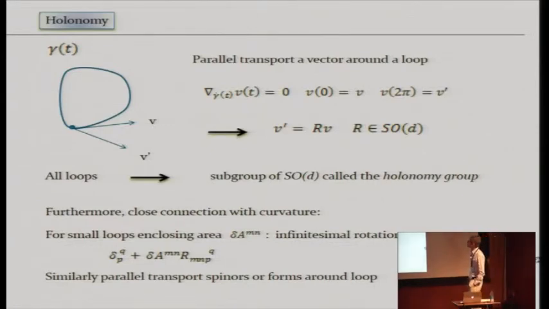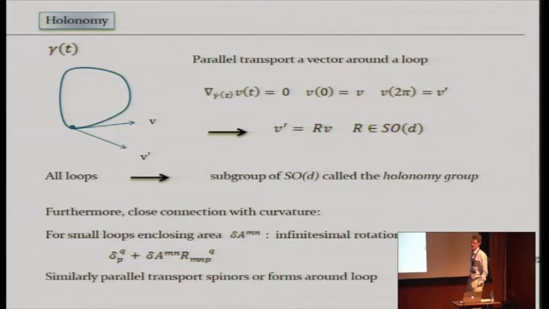And now, if you give me a tangent vector, then I can parallel transport it around the loop. So what does that mean? Well, I consider a vector field V(t) along the loop, and this vector field has to be such that its derivative in the tangent direction to the loop vanishes.